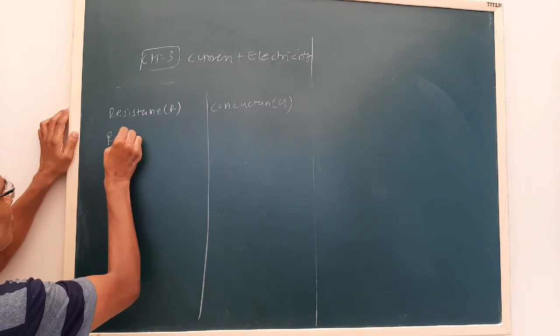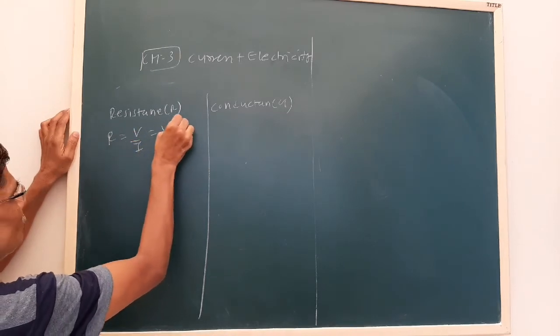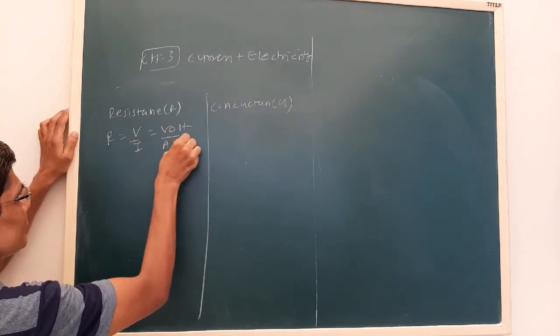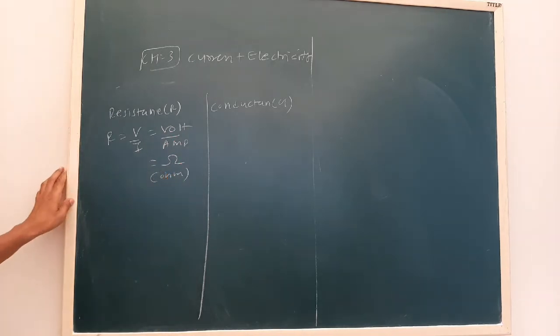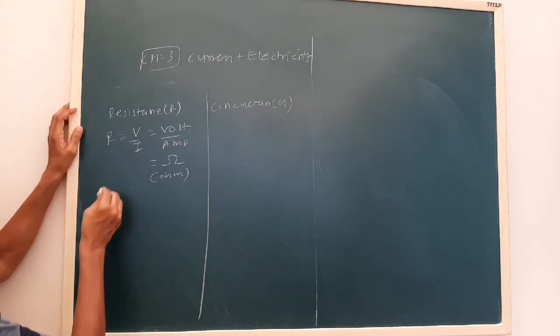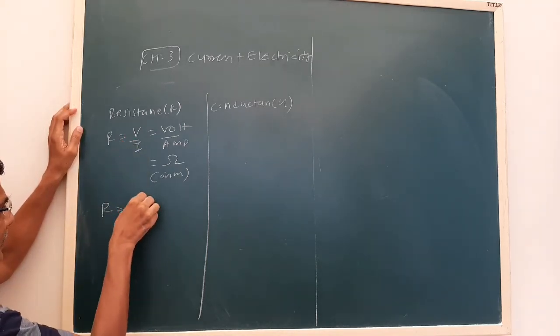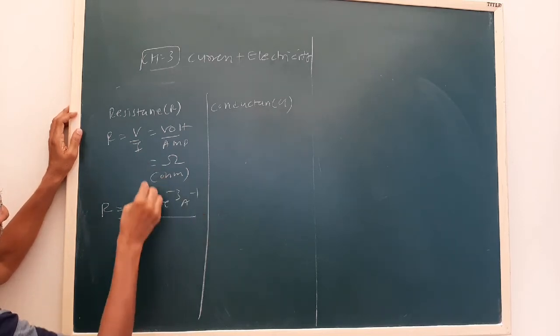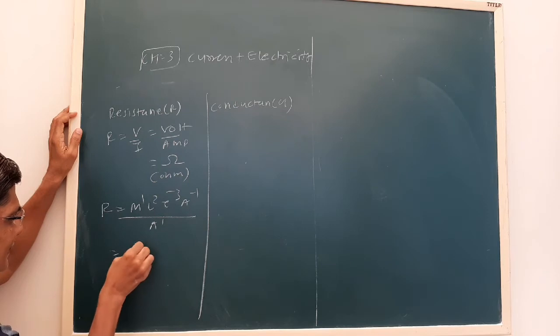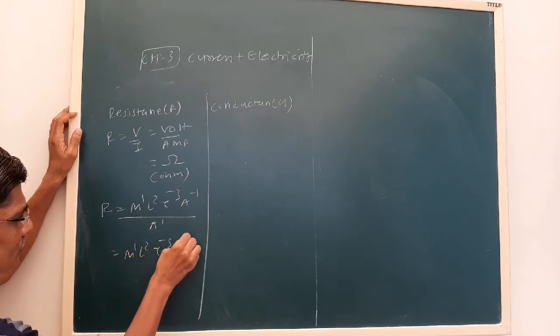See, R is equal to V by I, volt upon ampere, that is ohm. Now the dimension of resistance, see, volt upon ampere, volt is M1 L2 T minus 3 A minus 1, current is A1, M1 L2 T minus 3 A minus 2.